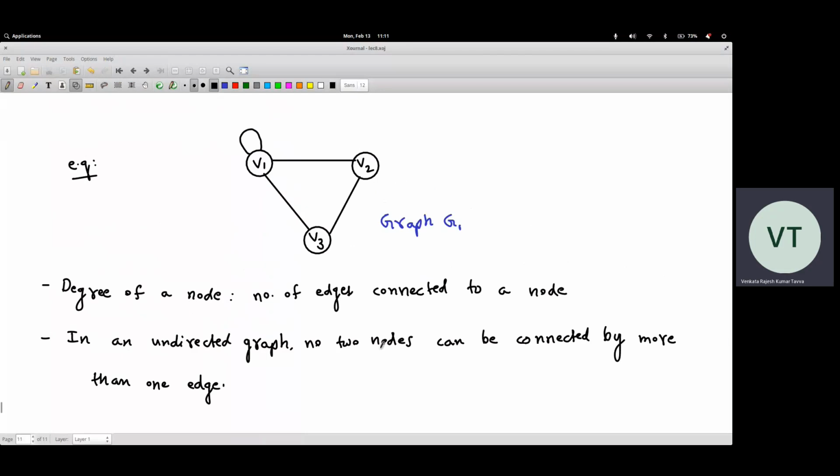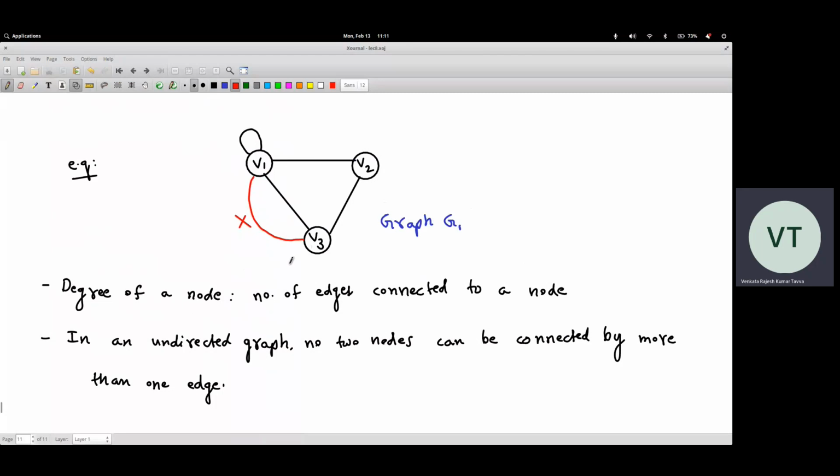So if you consider this case, every pair of nodes has an edge between them. Suppose I want to add one more edge between, say, V1 and V3. That is not possible because there is already an edge between them, and it doesn't make sense to have more than one edge between two nodes in an undirected graph.